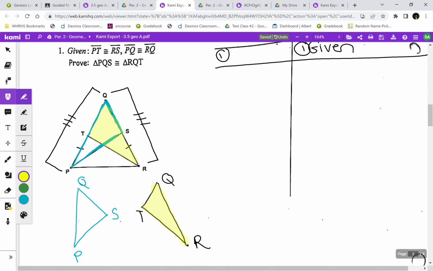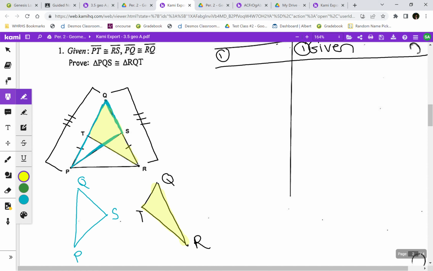So segment PT and segment SR, do they count as full sides of the triangles we're proving? PT and SR? I see some people nodding. I see some people shaking. No, PT is not a full side. SR is not a full side. So does that count as an S for us? No. Let's keep going.